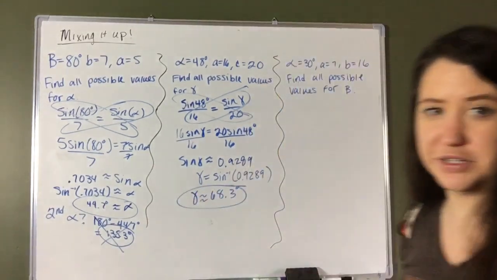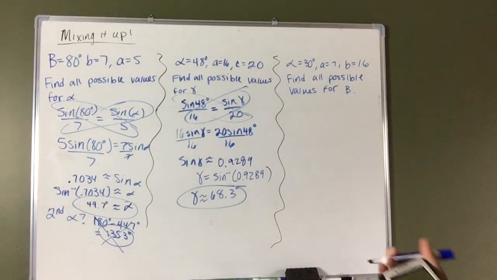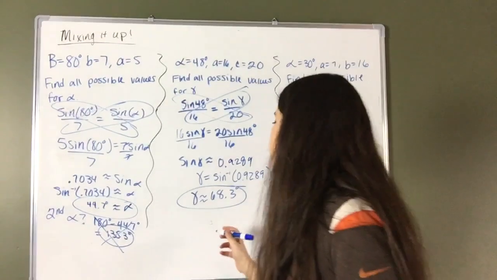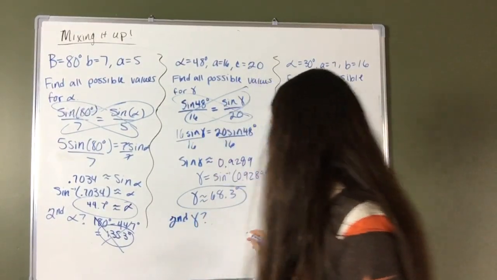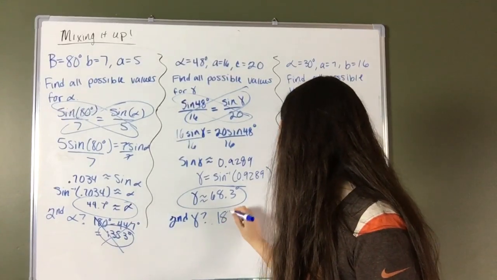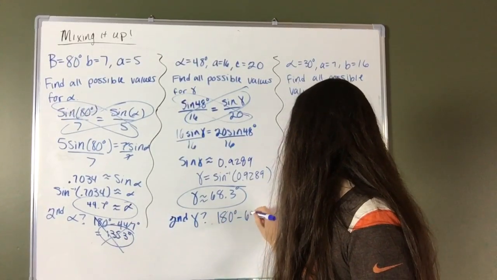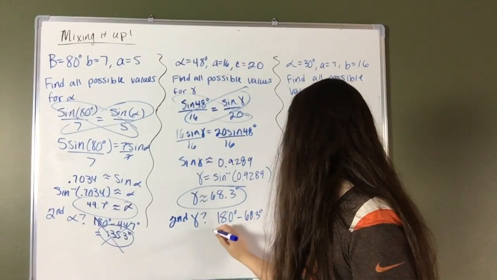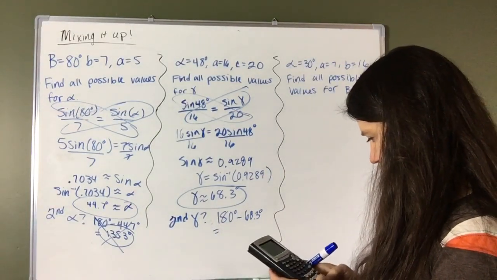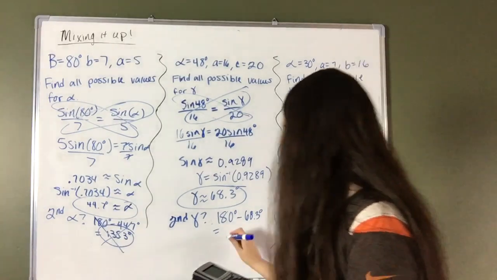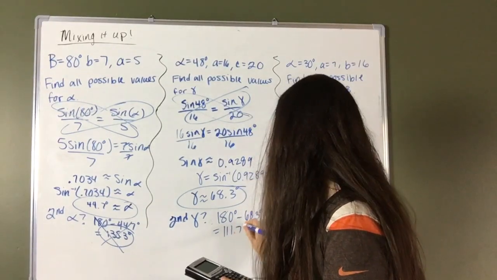Okay, so we definitely have one triangle, one answer for gamma. Can there be a second triangle? So is there a second gamma? What we do is we subtract from 180 degrees, which gives us 111.7 degrees.